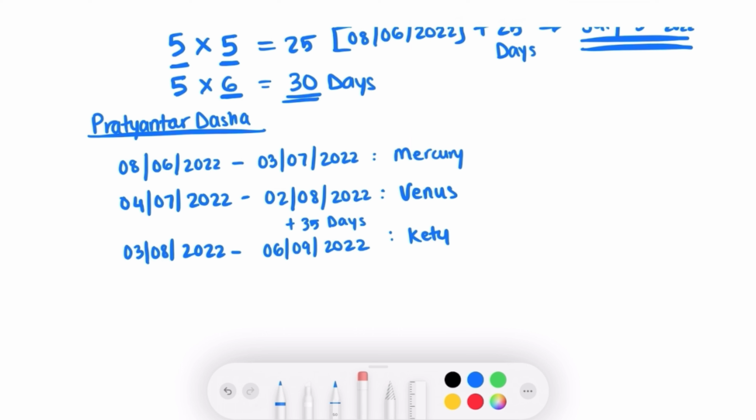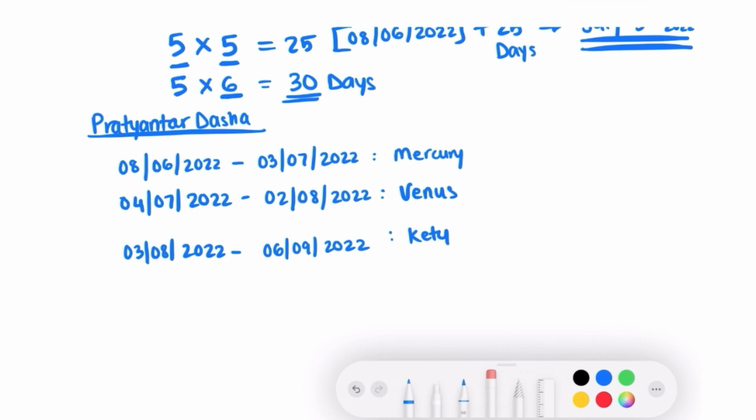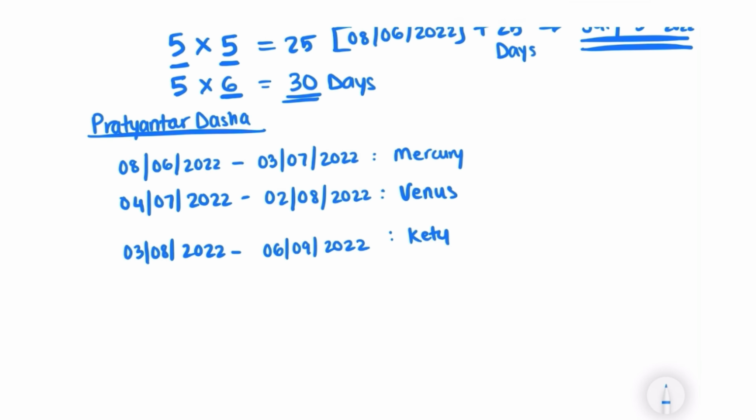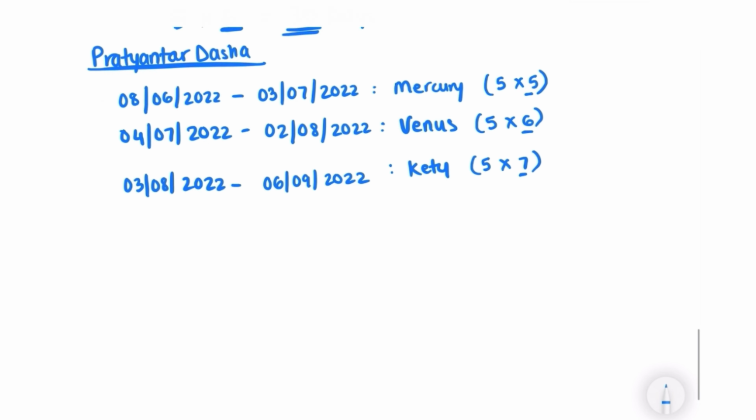Okay? I'm gonna remove this. So you will see a pattern that we are adding, and the number is going sequence-wise.